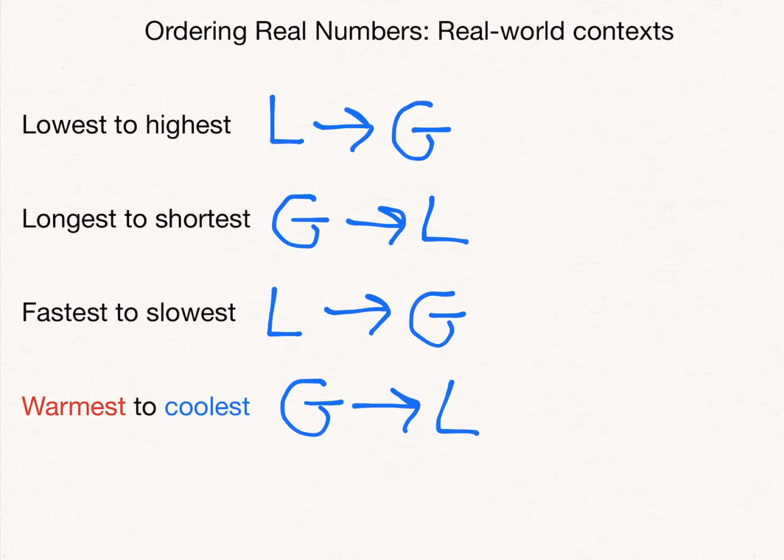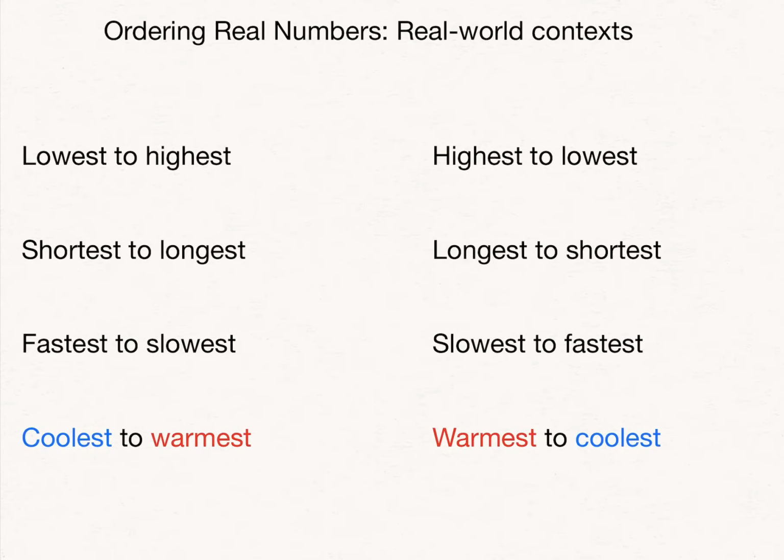Now to sum all of these up, on the next page, I have listed all of the ones that we just talked about and their opposites. So on the left side is the version that is least to greatest. That's going to be your lowest to highest, your shortest to longest, fastest to slowest, and coolest to warmest.